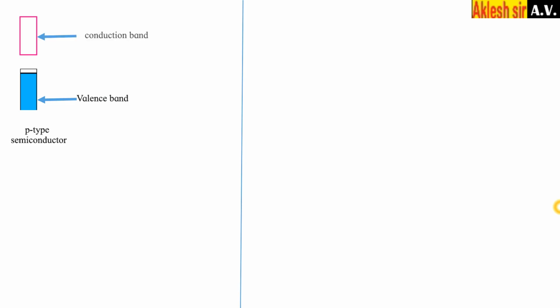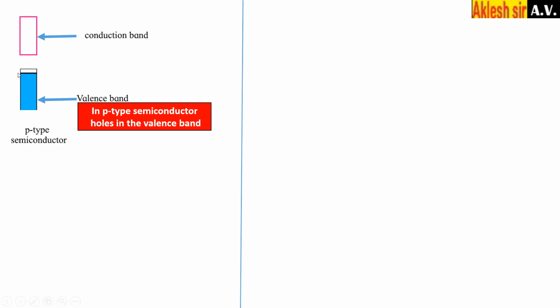In a p-type semiconductor, that small empty space is nothing but the hole which is created by the impurities. As the impurities are added, this white part will go on increasing. In this p-type semiconductor, the hole is in the valence band.